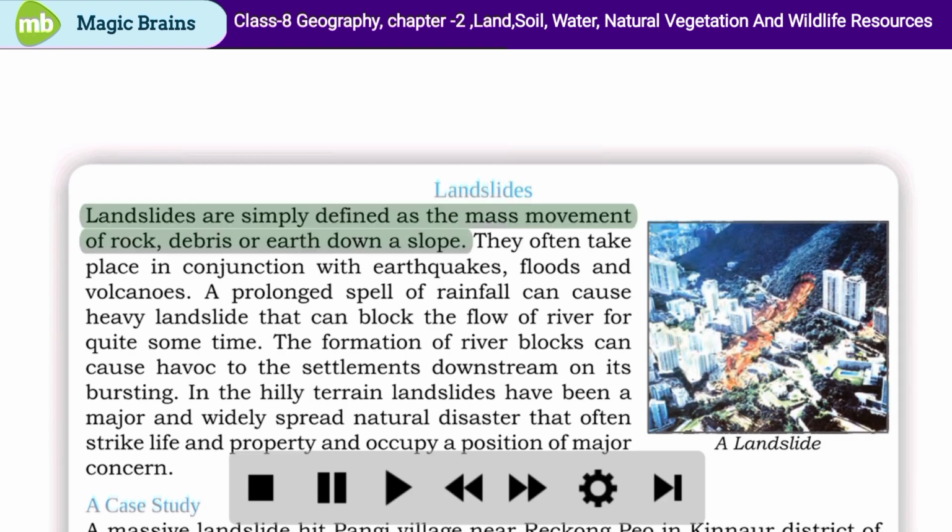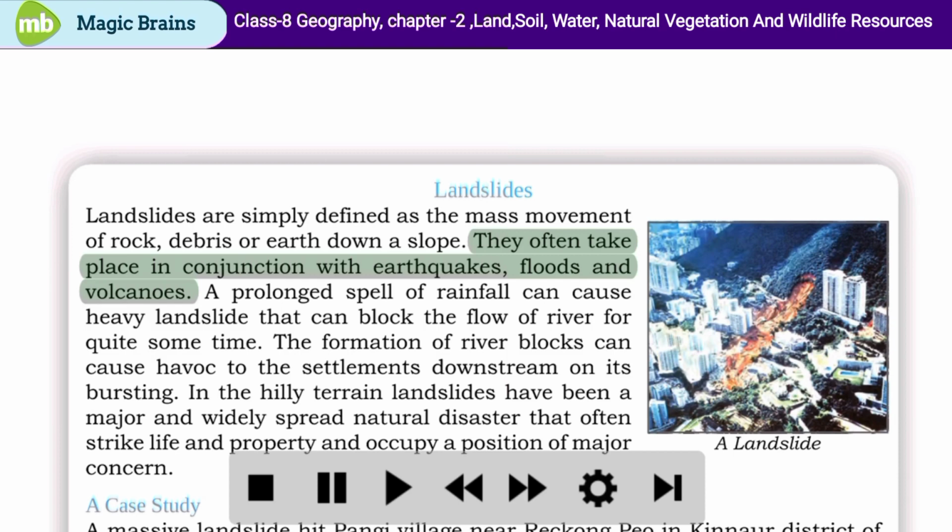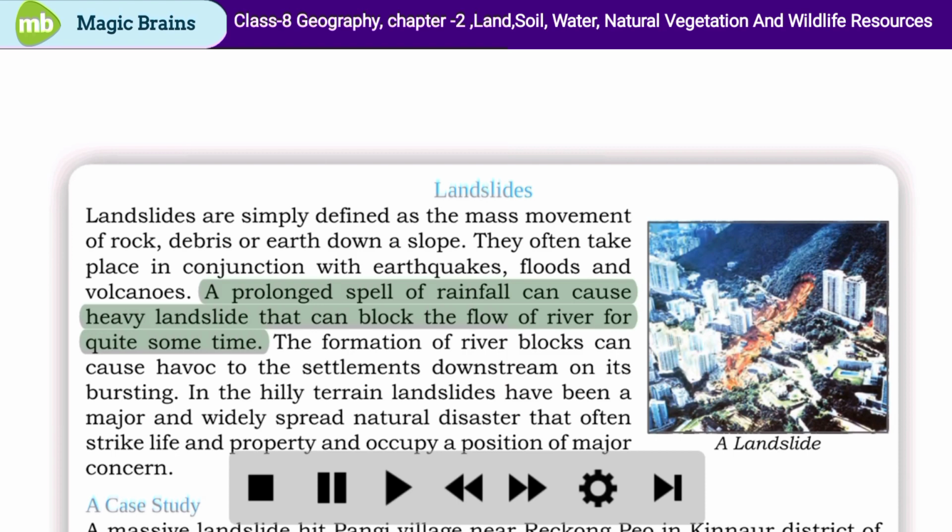Landslides. Landslides are simply defined as the mass movement of rock, debris, or earth down a slope. They often take place in conjunction with earthquakes, floods, and volcanoes. A prolonged spell of rainfall can cause heavy landslides that can block the flow of a river for quite some time.